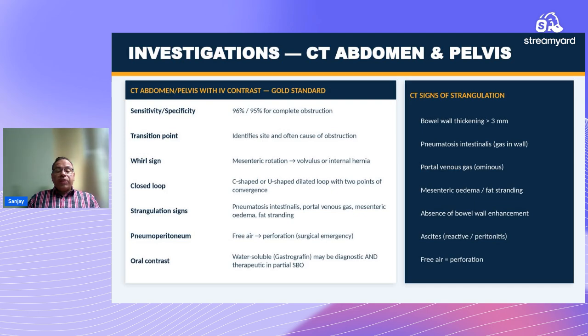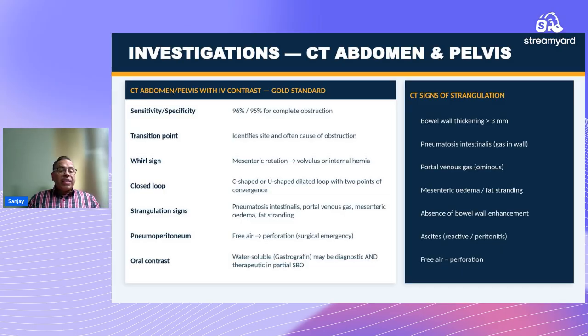It would also give you the signs of strangulation or ischemia. For example, the presence of gas in the bowel wall, what we call pneumatosis intestinalis. That means if the gas is seen within the wall of the gut, then that is a sign of ischemic necrosis or strangulation. The second common sign which suggests ischemia is presence of portal venous gas.